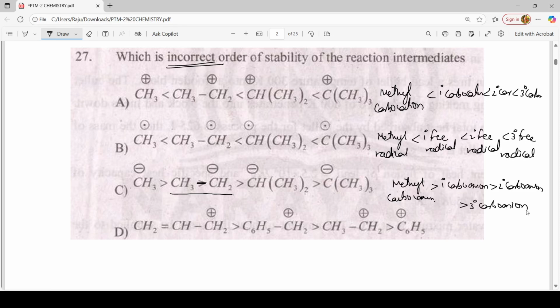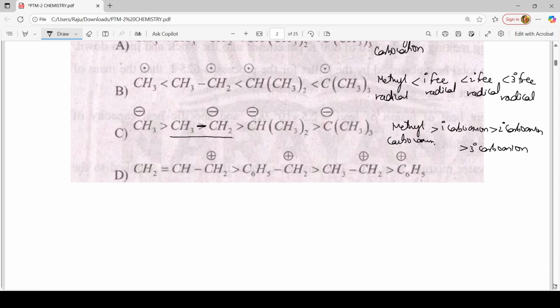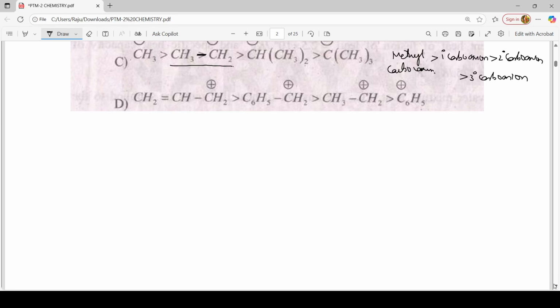Students, come to option 4. Allyl carbocation is more stable than the benzyl carbocation. Students, in the case of the benzyl carbocation, a greater number of resonating structures are possible.